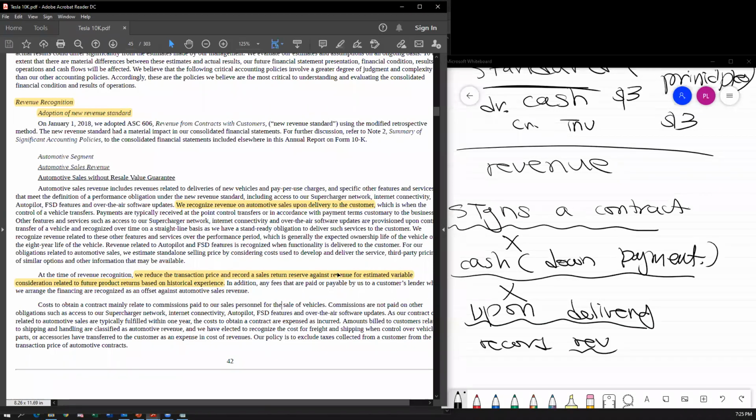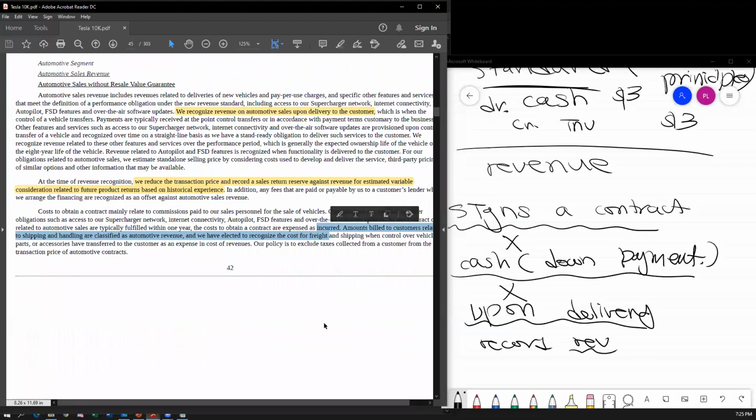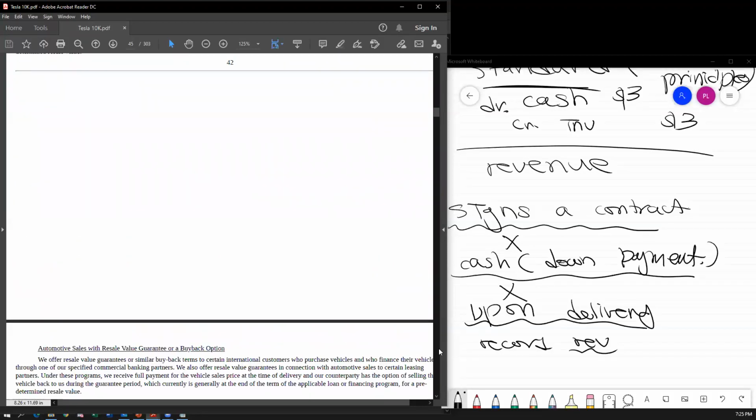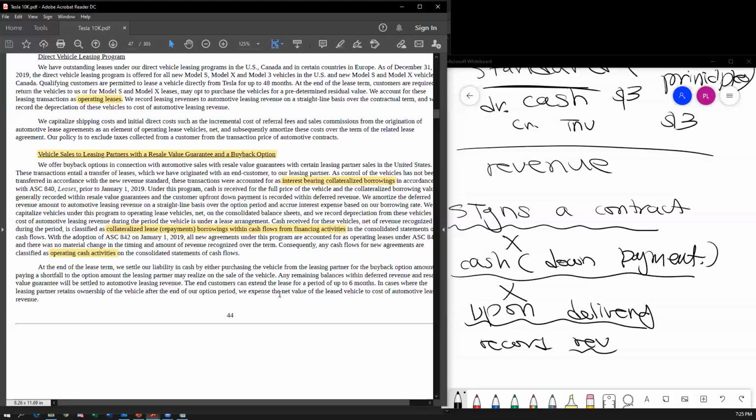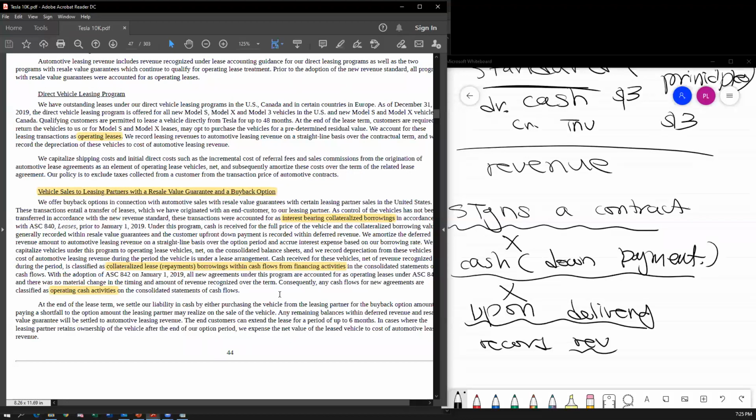So sometimes a customer returns an item for whatever reason, then the company reports a sales return. I mean, that's pretty much straightforward. Let me go down a little bit. Now, this is more interesting stuff.